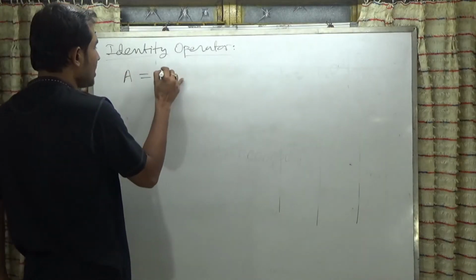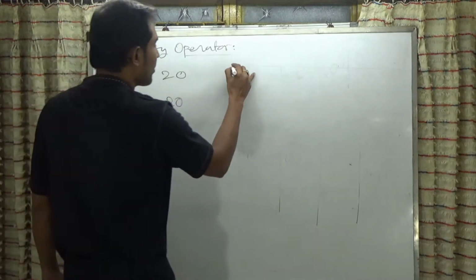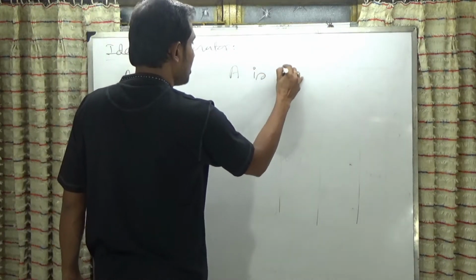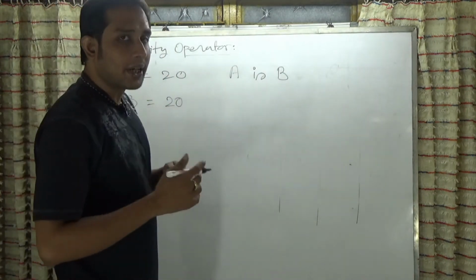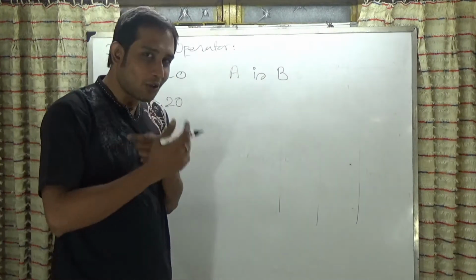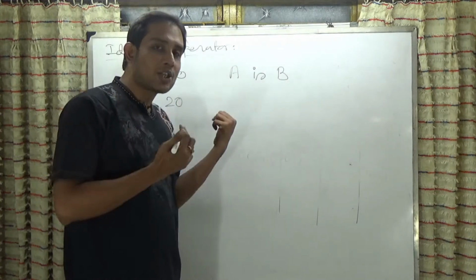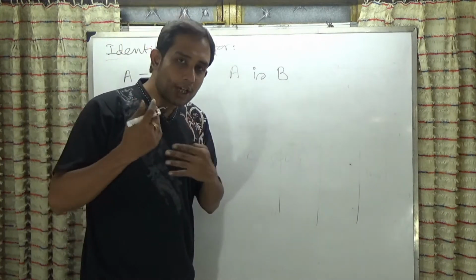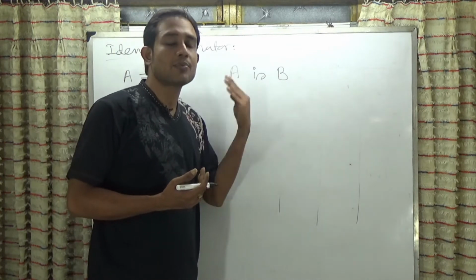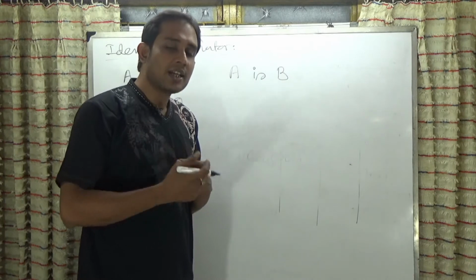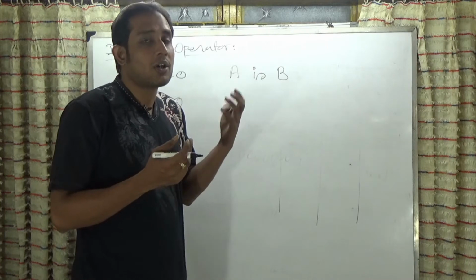Suppose the value of A equals 20 and the value of B equals 20. Now if I write A is B, then as the values of A and B are the same, it does not mean that the result must be true, because the identity operator checks whether the values in both operands are referencing the same memory location or address, not whether the values are the same.